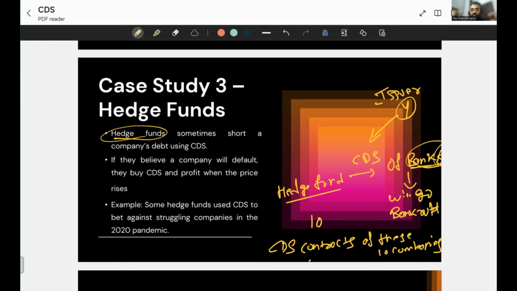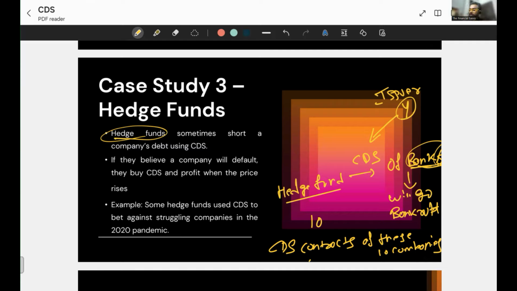But they predicted that these companies would default, and when the probability of default increased, maybe after 1 year, maybe after 6 months, the CDS prices would shoot up, and the hedge fund would sell all the CDS contracts in the secondary market and make the profit.